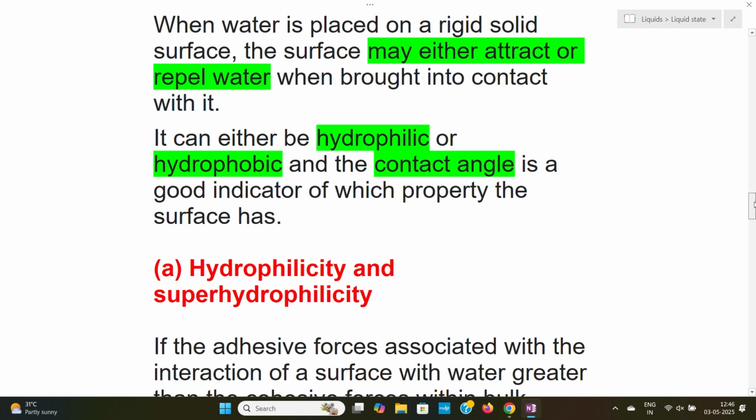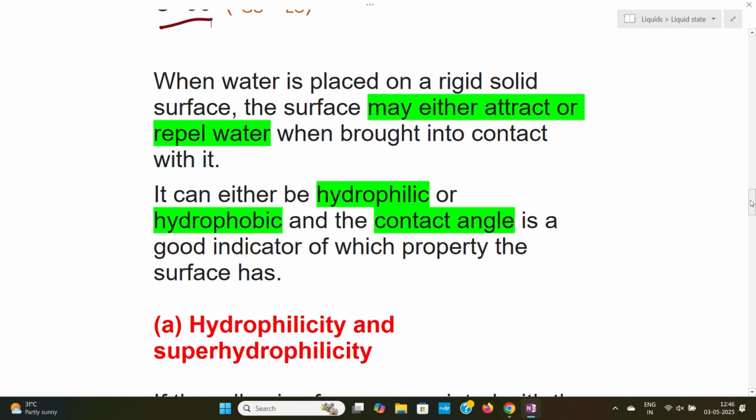Now, another concept: hydrophilicity and superhydrophilicity.